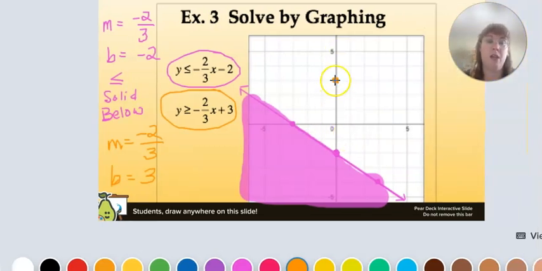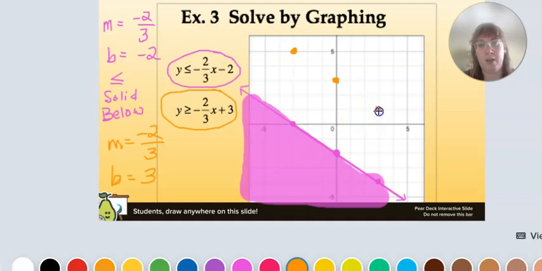We can go up to left 3 to make it like a negative slope, or we can go down to right 3, like so. This symbol is greater than or equal to, so it's solid, and we're going to shade above.